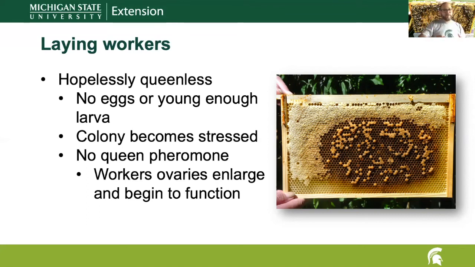And so what happens in this situation, because you have no queen and no ability to raise a queen, so there's no queen pheromone in here, brood pheromone falls off of a cliff, because generally the brood is very limited in these situations. Most of what you're seeing here leads to a situation where worker bees, and it's not just one, but many worker bees, their ovaries will actually develop.